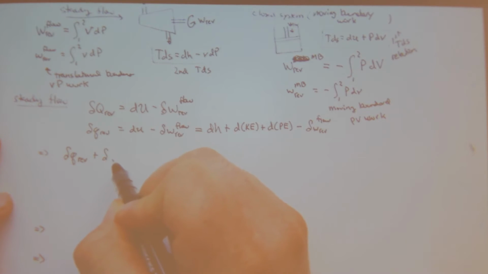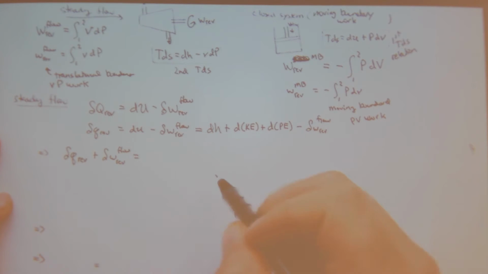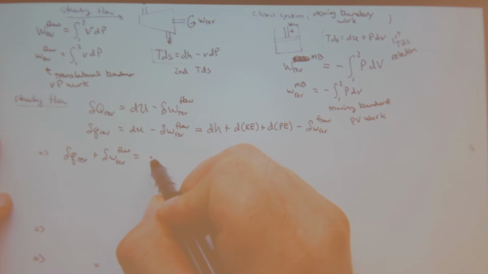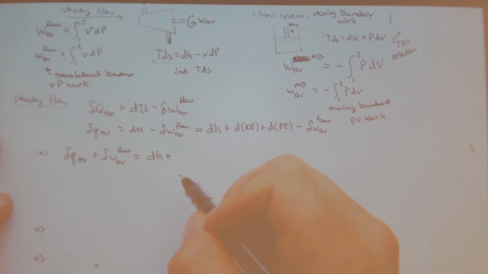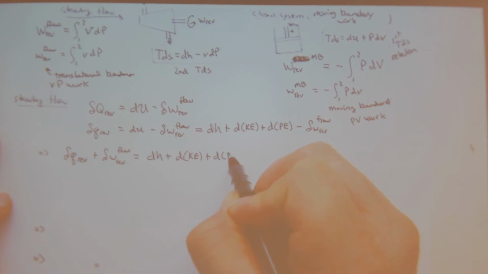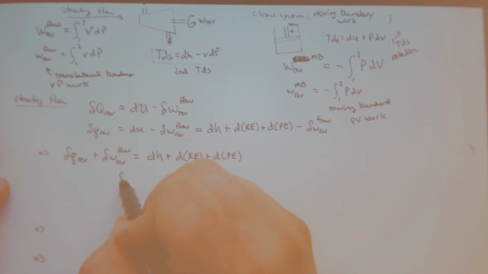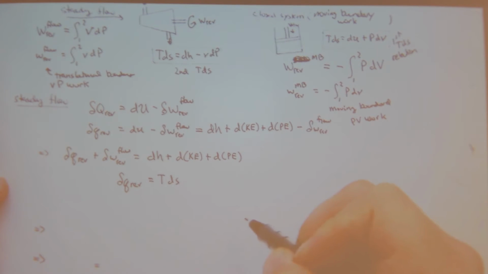Plus delta work reversible flow is equal to dH plus d kinetic energy plus d potential energy. I just said this earlier, Q reversible is equal to T ds, and I know that T ds is equal to dH minus V dP.